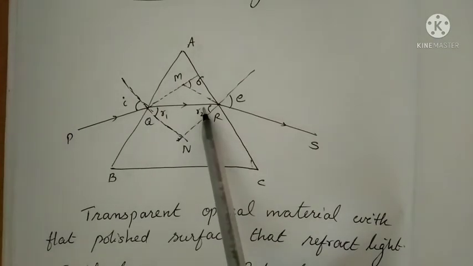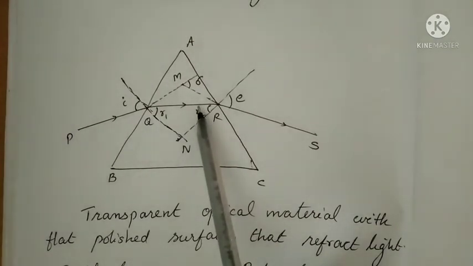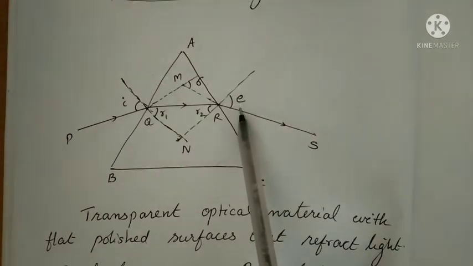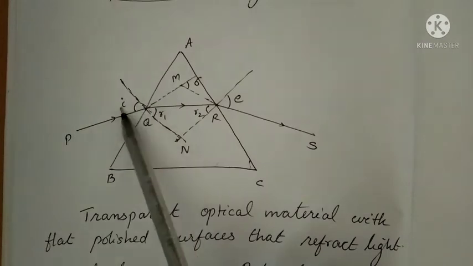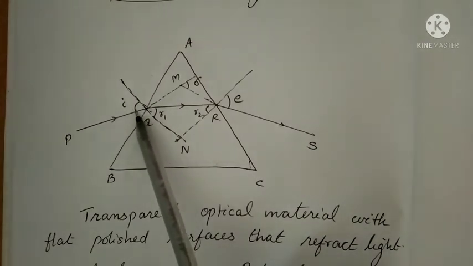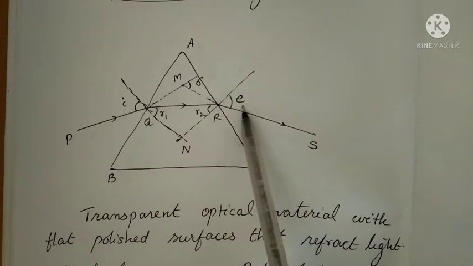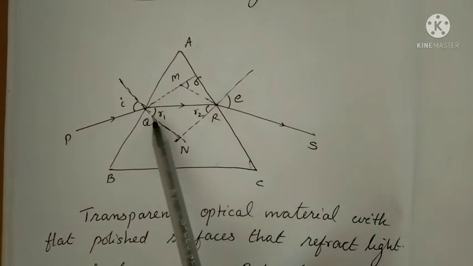And when it passes from denser medium to rarer medium, it bends away from the normal. So this I is the angle of incidence and this E is the angle of emergence.